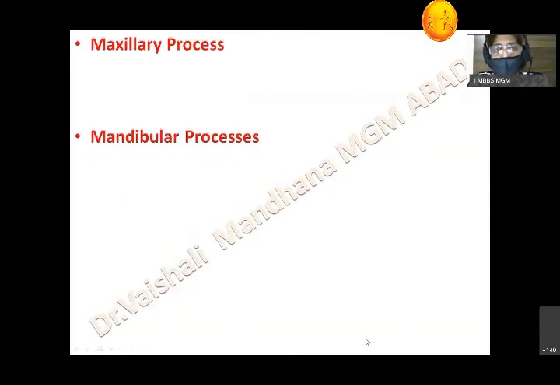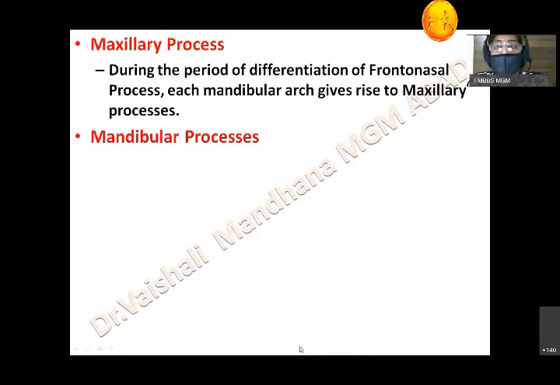Now, what are the steps? Before that, of course, the maxillary process is present on the lateral aspect of the stomatodeum, and it is a part of the mandibular arch. So simultaneously, when the frontonasal process is differentiating, the mandibular arch also differentiates into the maxillary process and the mandibular process.